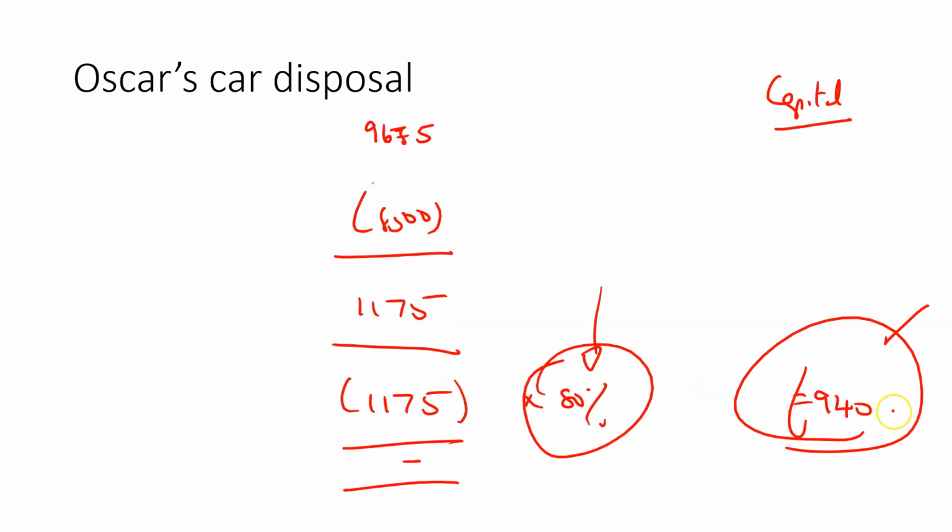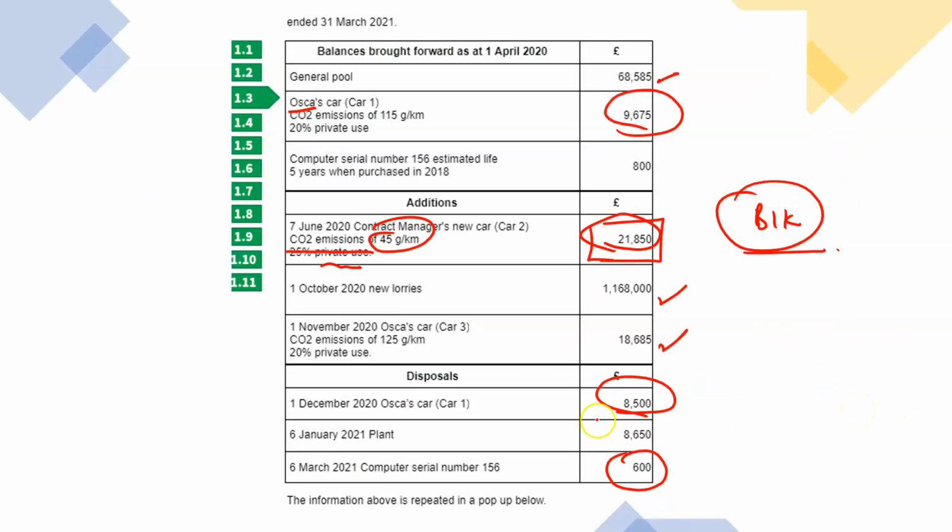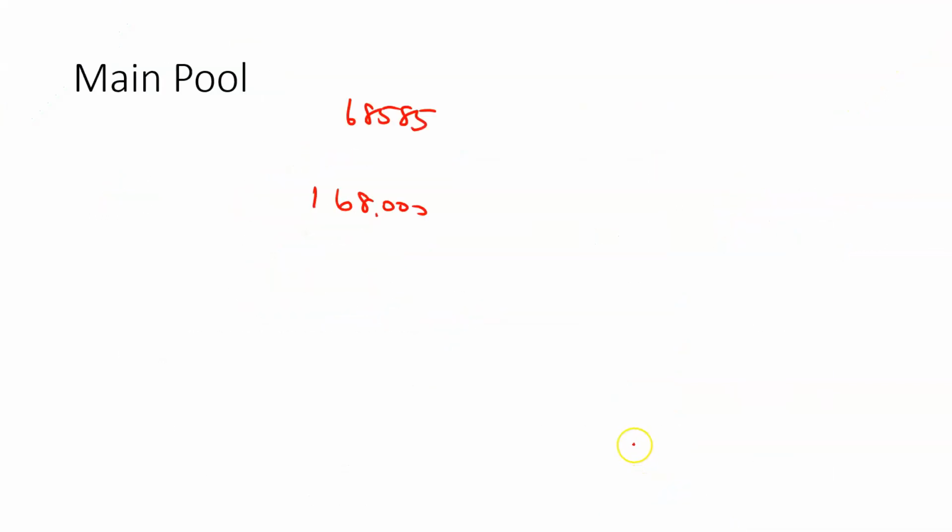Right, and then finally, let's deal with the general pool, 8650. So we dispose of the plant, 8650. So here's the thing: in the year of disposal, we don't do WDAs on the disposal. So let's just do it all.